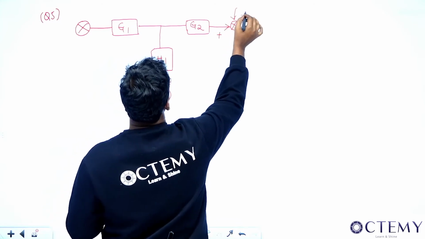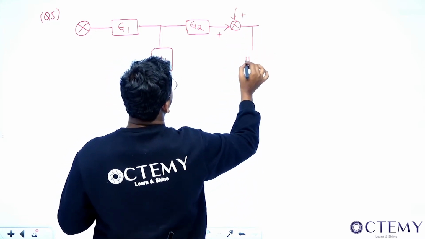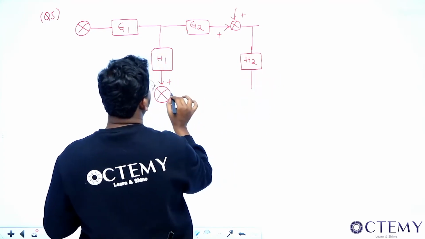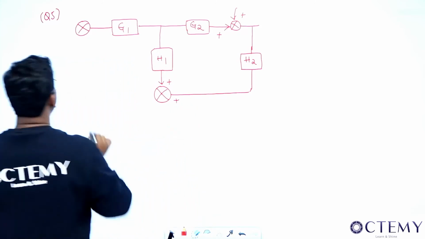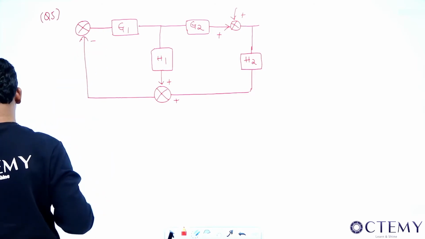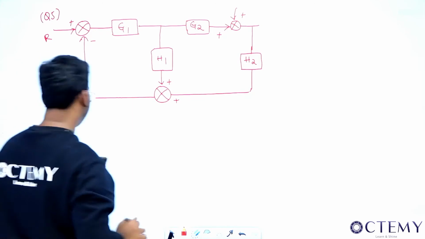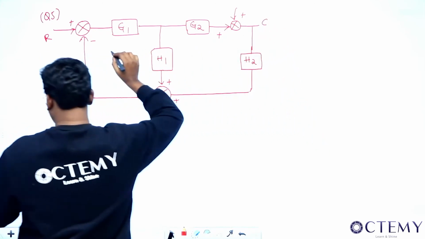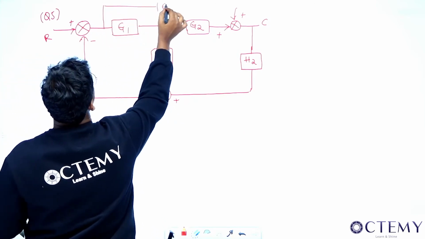From here there is something coming, plus. This is basically H2, and it is going like this here with plus, and all of this is coming as minus here. Whatever is the output is coming with a negative sign. So this is my R and this is my C, and this is my G3, sir. This is my G3 like this.